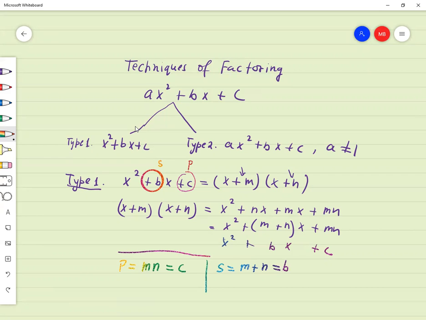And this is the technique we'll be using to find these two numbers m and n, which will go into the factors. Now I'll explain this by examples.